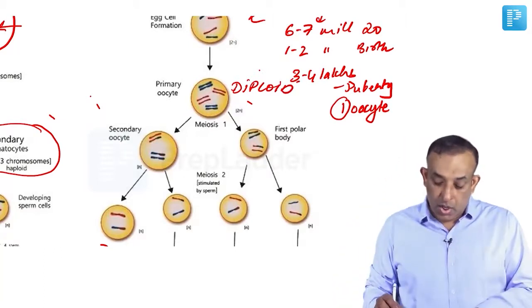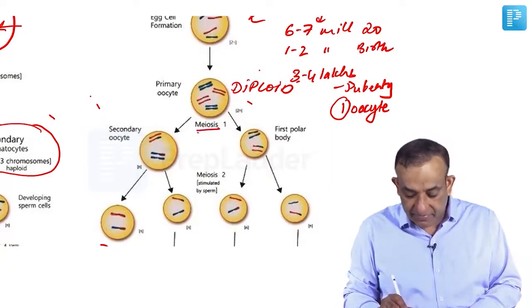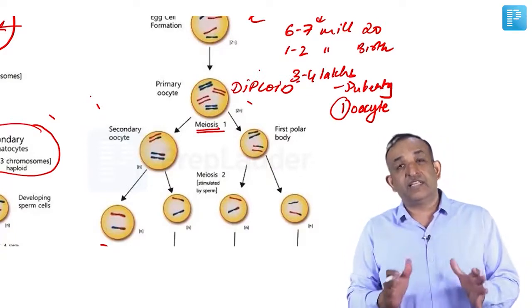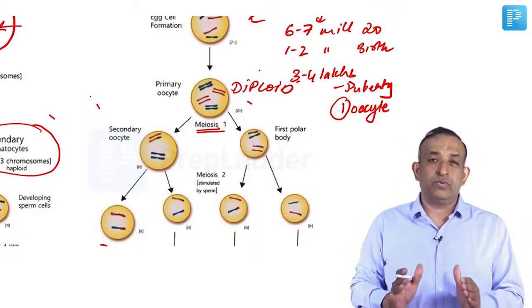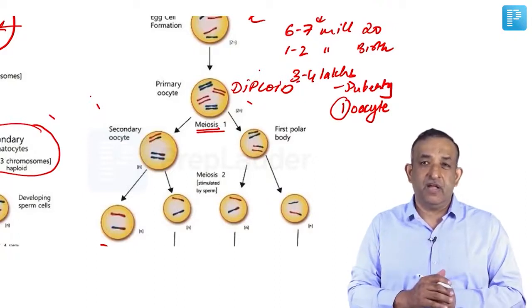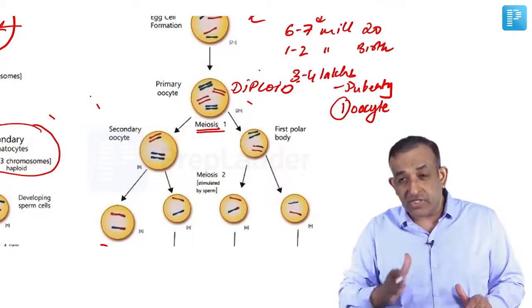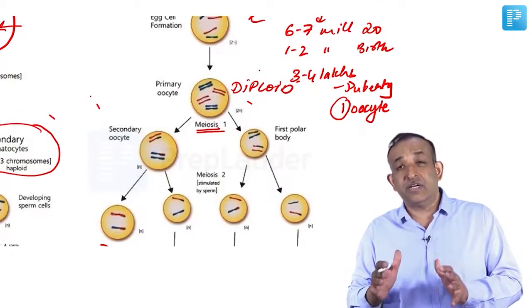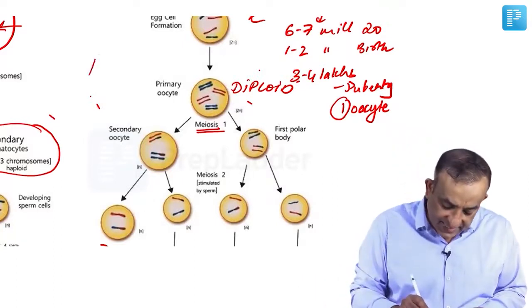This is the first meiotic division. The first meiotic division starts in the intrauterine life of this girl, and the primary oocyte will rest in this first meiotic division itself, and the process of oogenesis will resume when the girl gets mature. So, the oocyte is resting.